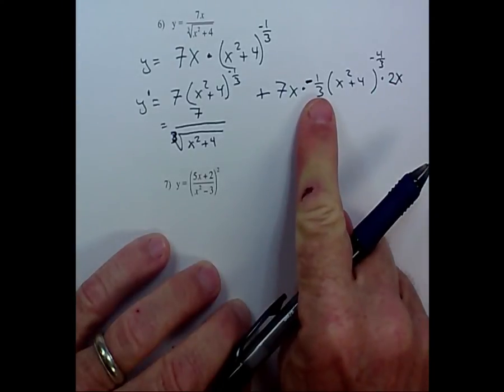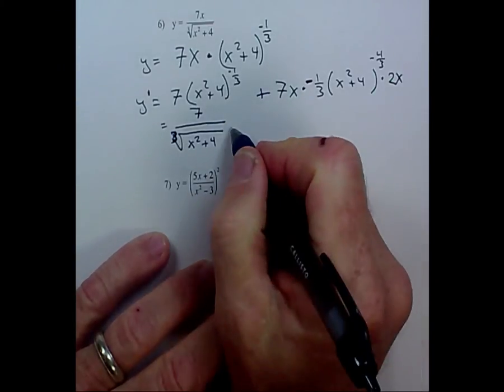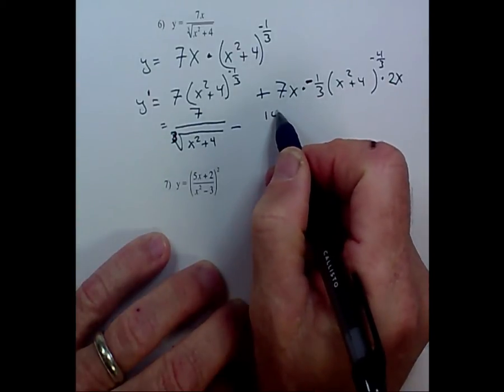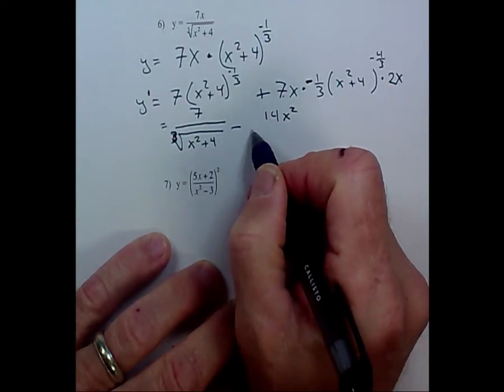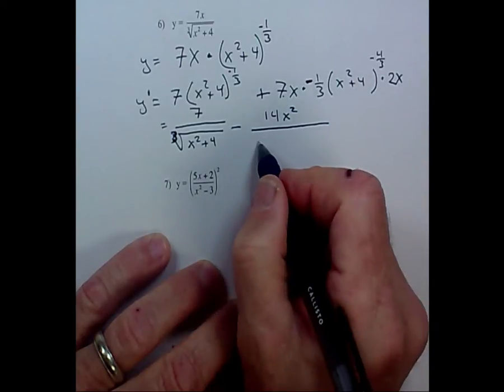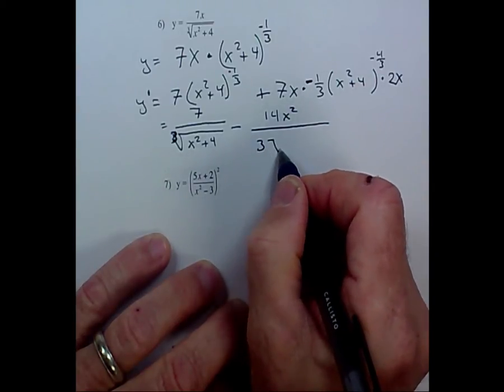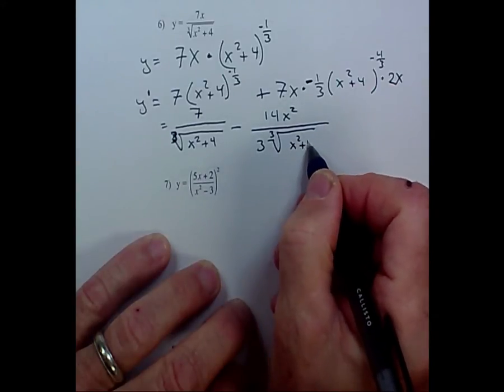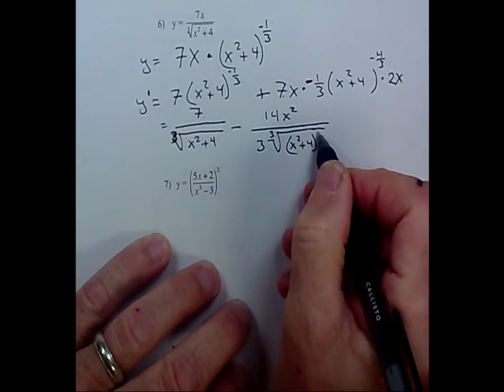This term is negative, correct? So it's going to be minus, and then it's going to be 14x squared on top. And down here I'm going to have 3, and then I got a cube root again, and then it's x squared plus 4 to the 4th.